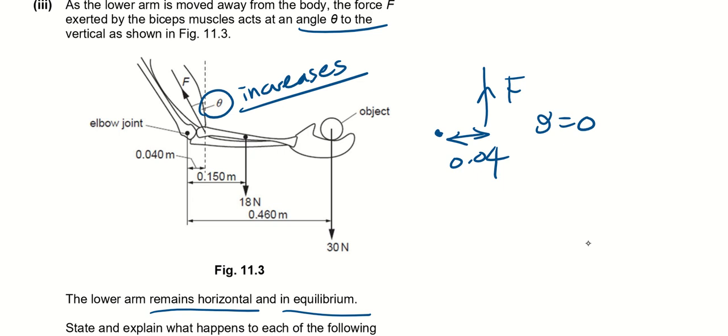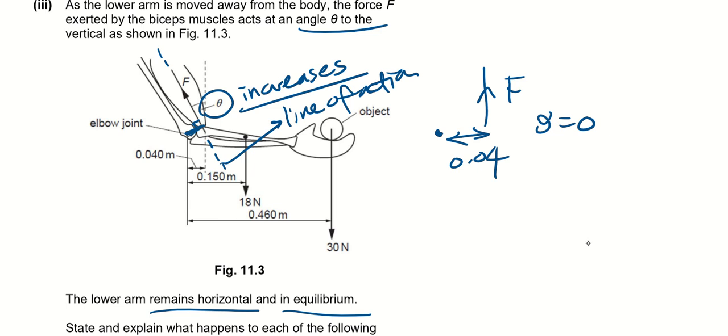Draw the line of action of force F. Since this is the line of action of the force, I want to find now its perpendicular distance. So this is now my perpendicular distance. How is this different from 0.04? Will this be longer than 0.04?